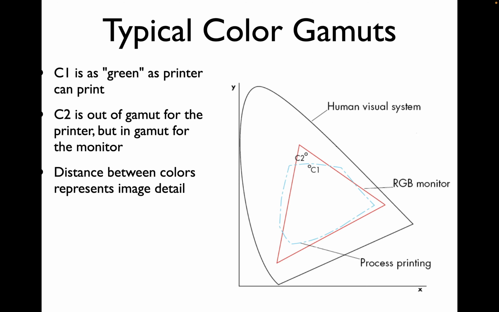The distance between these two represents image detail. If you have two different saturations, there's distance between them, but they're separate. This represents detail. If I take C2 and make it C1, then the difference between those two is erased, and I've lost detail. Does that make sense, everybody, what we're talking about here?